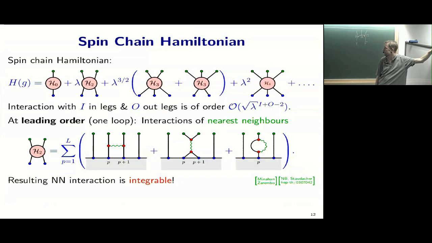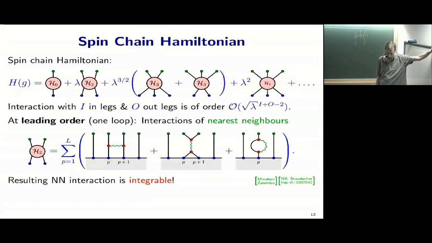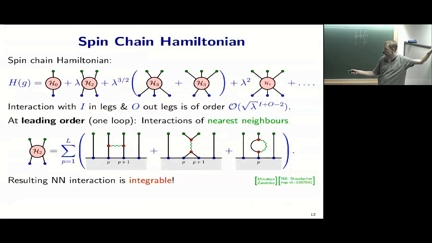Why is there no H1? There is some amount of freedom here. At the end of the day, you want to diagonalize the Hamiltonian. Now, you can do this in perturbation theory, and the point is that this here counts the classical dimension.